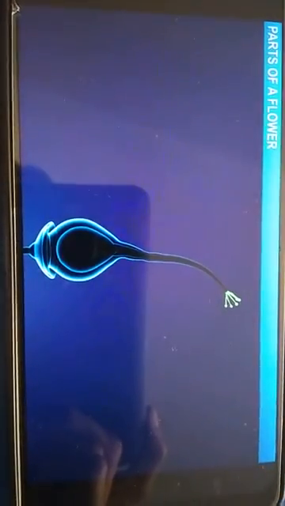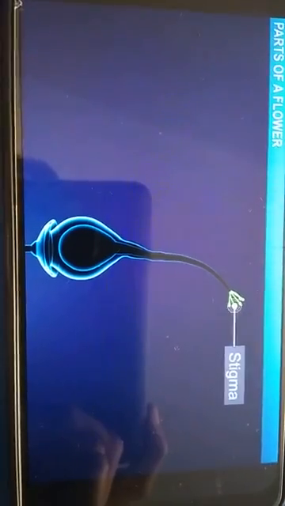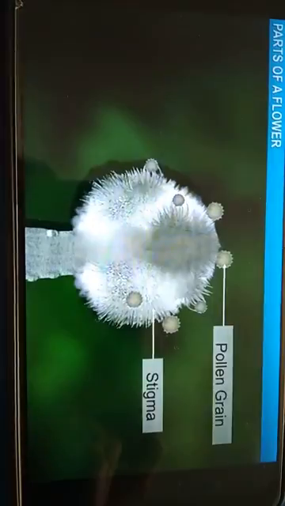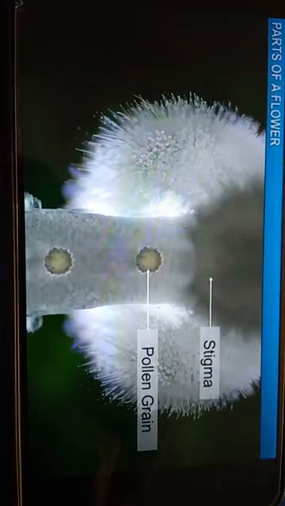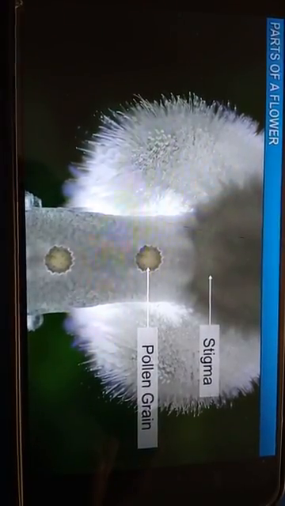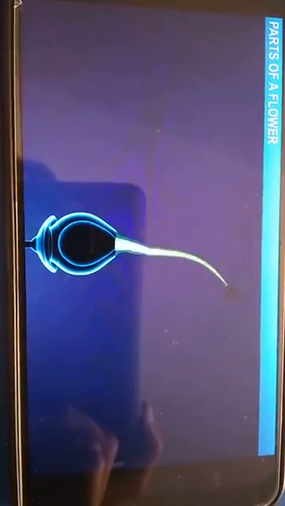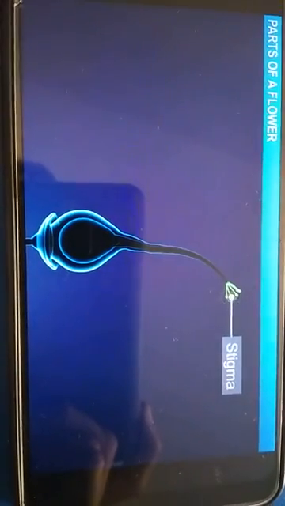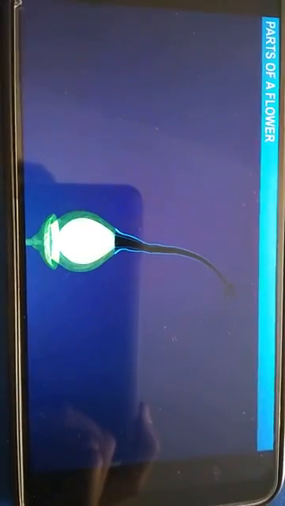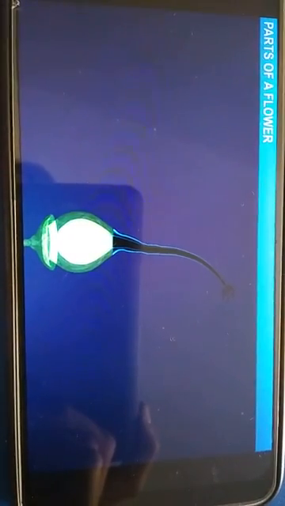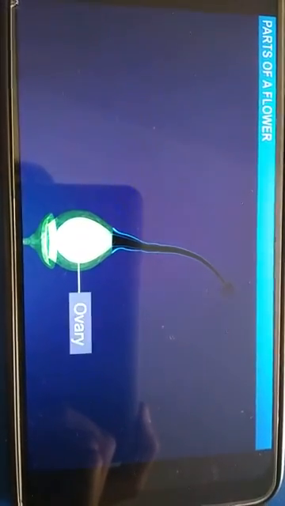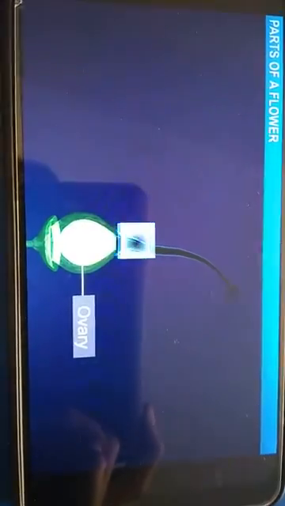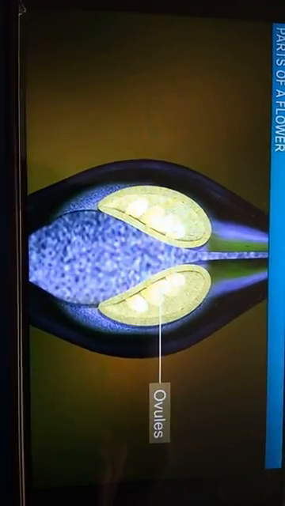The upper end of the pistil is called stigma, where pollen grains get deposited and enter the pistil. The narrow tubular part is called style, that connects the stigma to the lower part of the pistil. The lower bulgy part of the pistil is called ovary. It contains ovules.